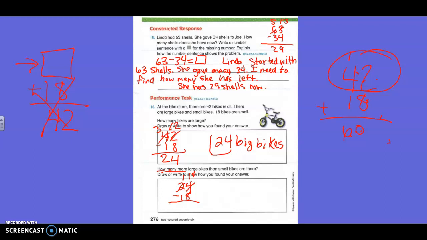Xander, what's 14 minus 8? 6. 1 minus 1. Nothing, right? Okay, so how many more big bikes than small bikes? 6 more. Okay, 6 more. Okay, if you are done with your math now, I want you to turn it in.